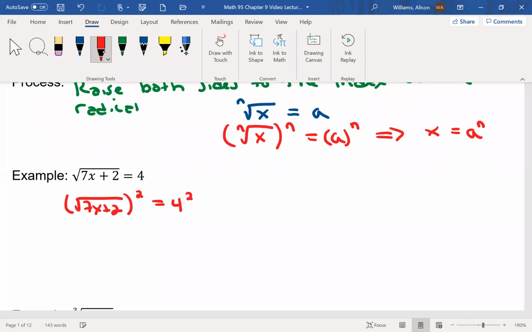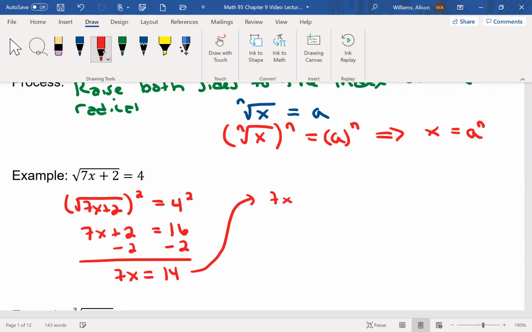That's going to cancel the radical on the left side. On the right side, 4 squared is just 16. Now I can solve this like any old equation. I'll subtract 2 from both sides, which gives me 7x equals 14. Kind of running out of space, so I'll divide both sides by 7. So x equals 2.